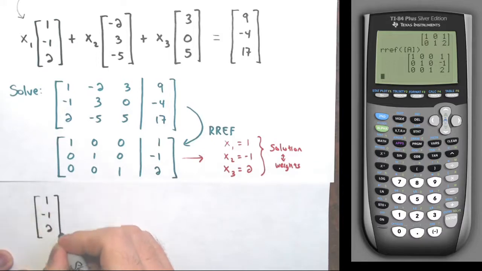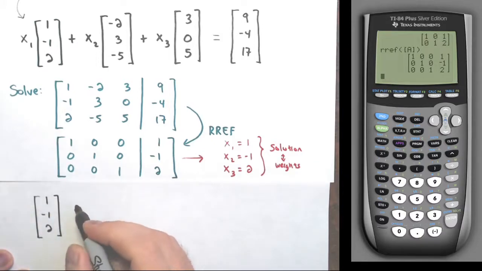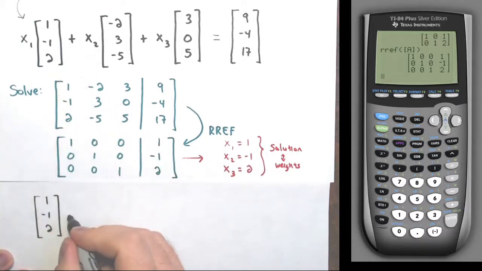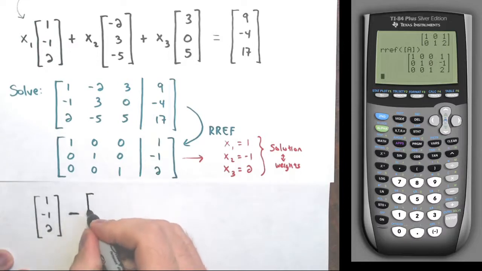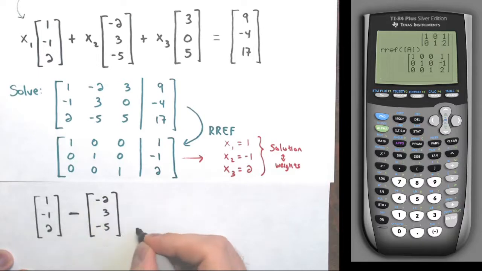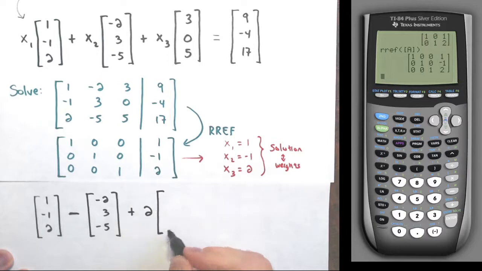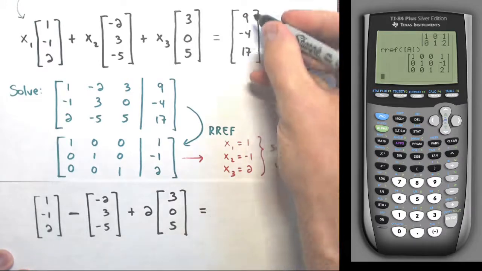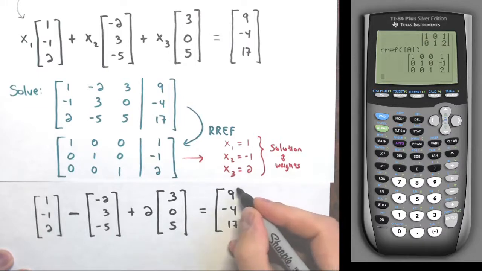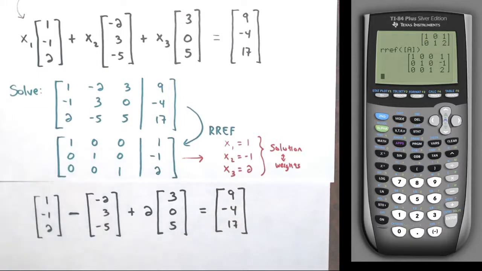Then plus -1, but instead I'll just write minus the vector -2, 3, -5. And then plus x3, which is 2 times 3, 0, 5. And there you go. That linear combination of these three vectors gives me the 9, -4, 17 that I wanted. Wonderful.